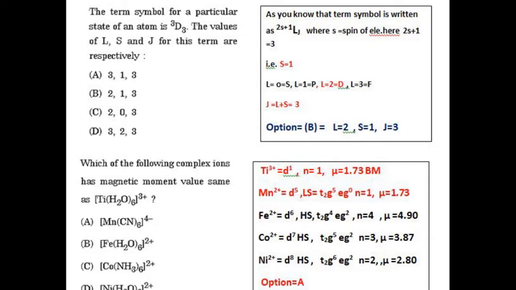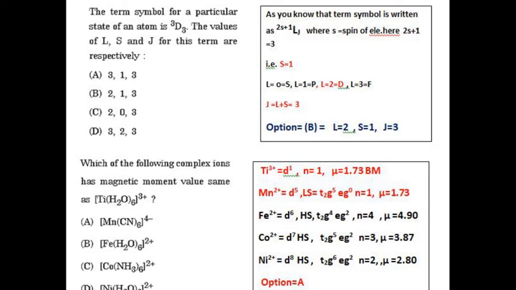In case of the second complex, the iron complex, the oxidation state of iron is 2, the configuration is d6 and it is a high spin complex, so there is no spin pairing and the configuration is t2g4 eg2, where the number of unpaired electrons is 4 and its magnetic moment value is 4.90.